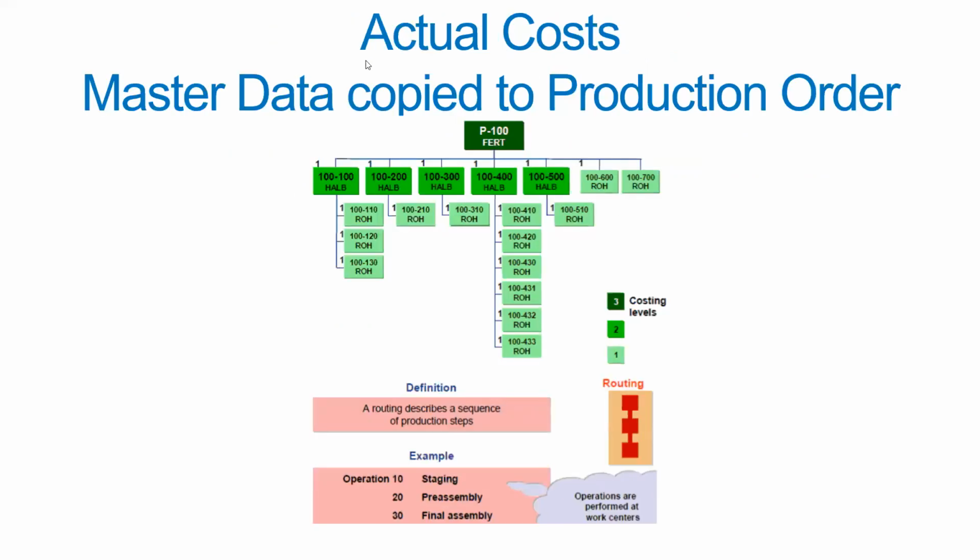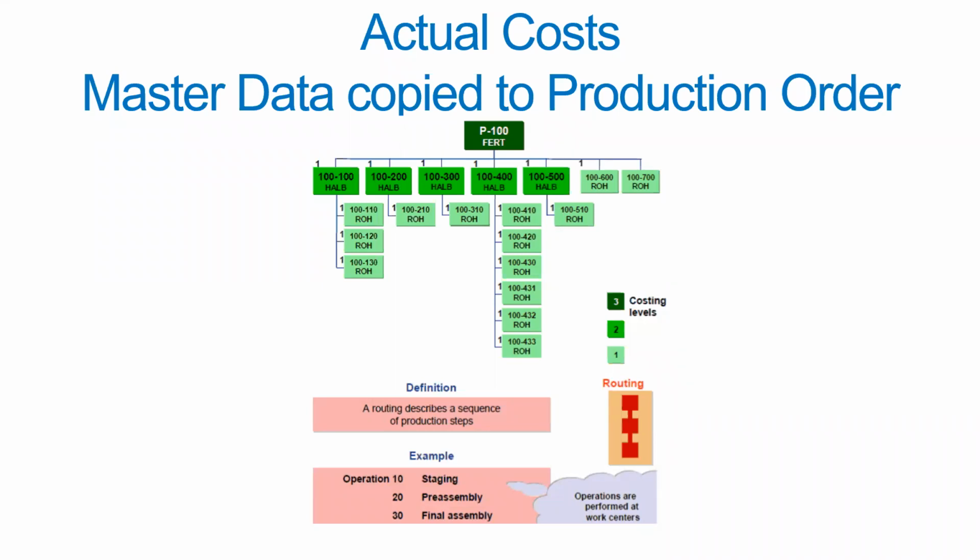So the next logical step is we've got the planned costs on the production order, or at least the planned credits from the goods receipt. The next stage is we introduce actual costs to the production order. We create the production order. And the first thing we do when we create the production order for a material and plant is we copy the master data to that production order, which happens to be exactly the same.